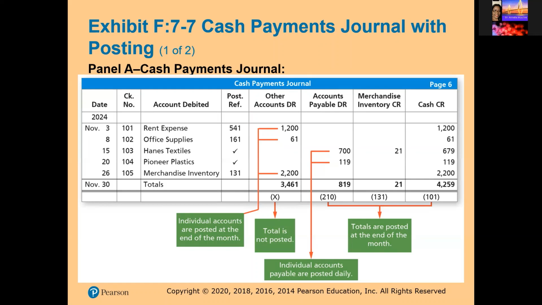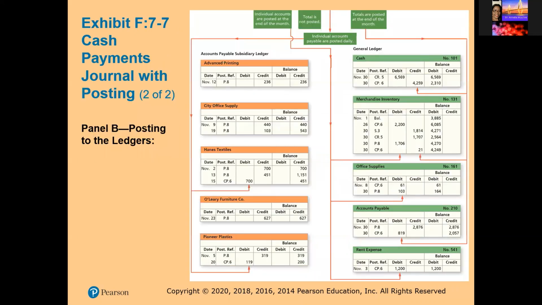This special journal also has columns for the date and the check number of each cash payment and the account debited. Here, this is panel B. It shows the posting to various ledger accounts from the cash payments journal.